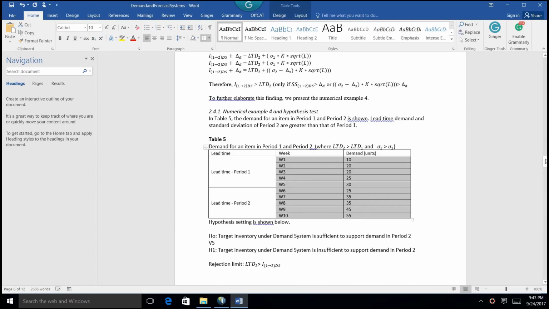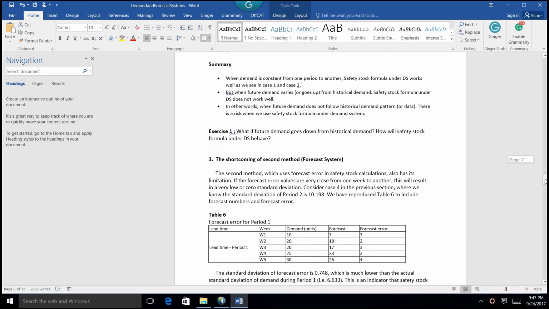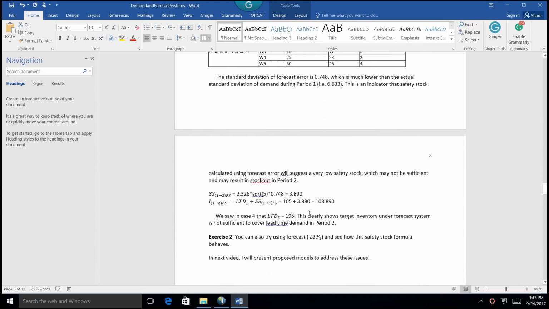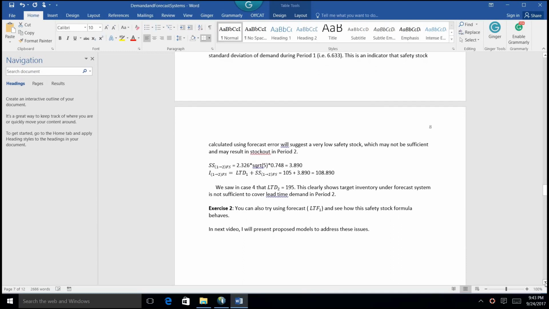We see here LTD2 was 195. So this means that our inventory under the forecast system is much lower than demand for period 2, meaning that it won't be able to support the demand for period 2. So the safety stock needs to be bumped up, and calculating using this method may not be good.